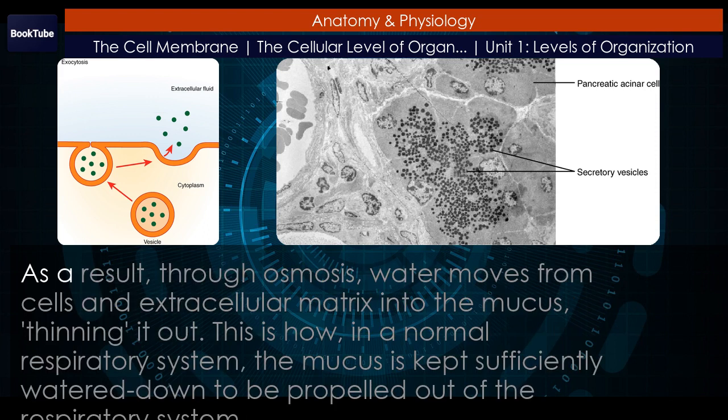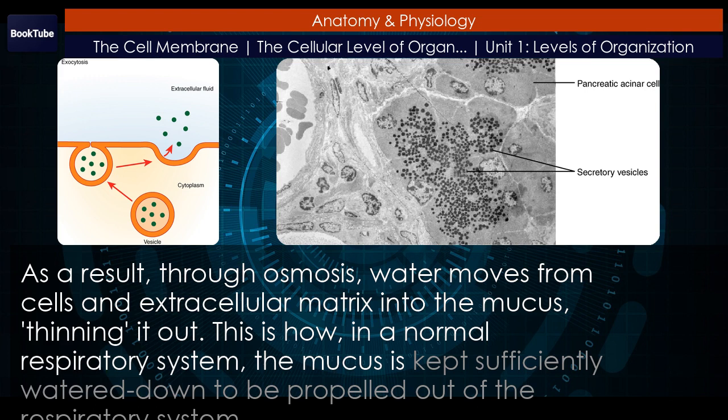As a result, through osmosis, water moves from cells and extracellular matrix into the mucus, thinning it out. This is how, in a normal respiratory system, the mucus is kept sufficiently watered down to be propelled out of the respiratory system.